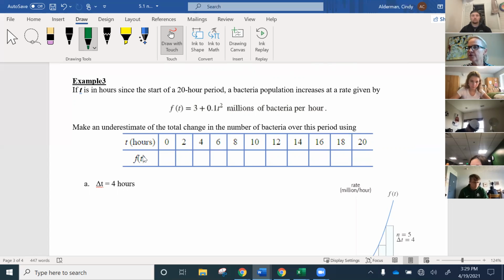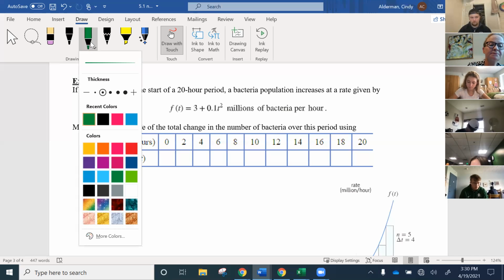Eventually, I can give you the formula and you'll be able to find out exactly what it is by putting the original function in. But if all we're given is the original function, what they want us to do in this table is figure out what f of 0 is, what f of 2 is, just put those numbers into the function. But it's different for each, depending on what they're asking you for.